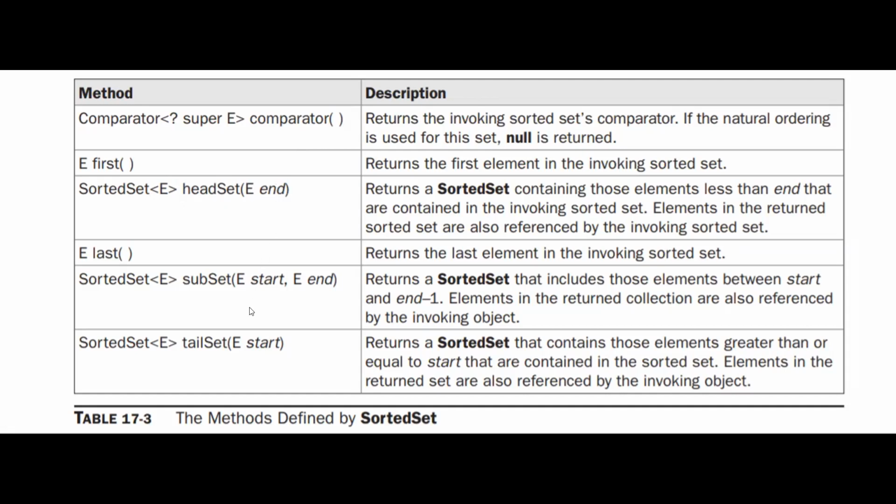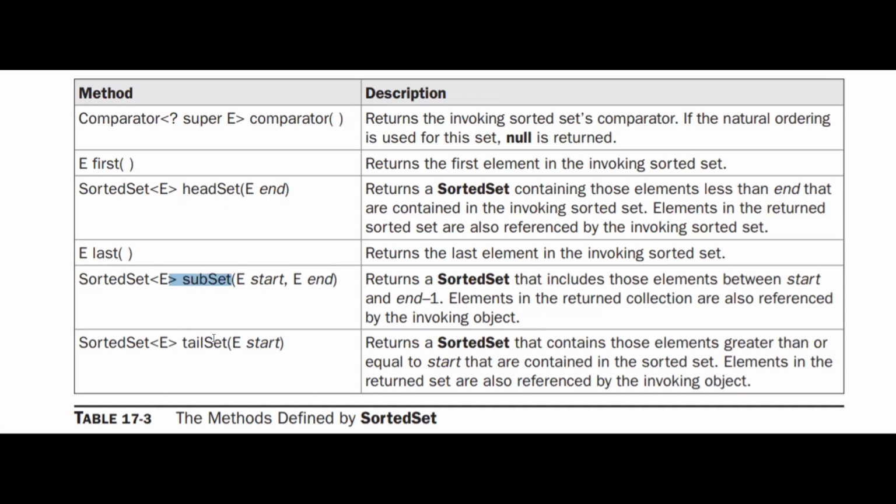Next, if we want to extract the middle part, that is the subset. It is from starting and ending. So in the middle, from this particular element till this element minus 1, all those will be extracted. And the last method is to extract the last elements in the sorted set.